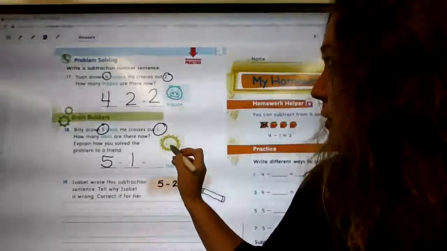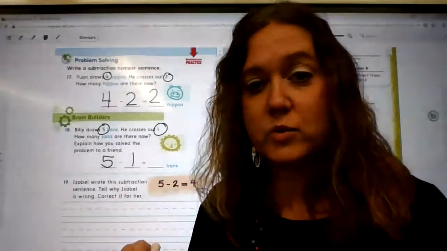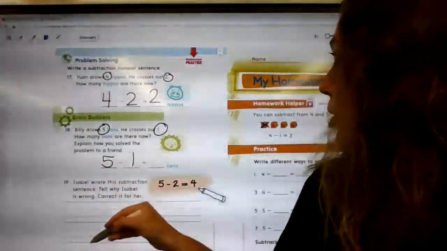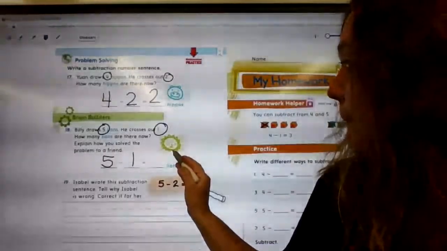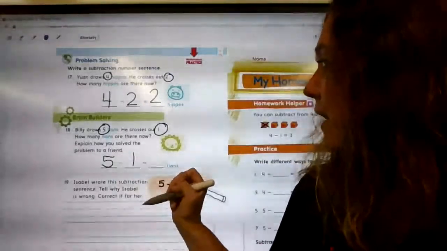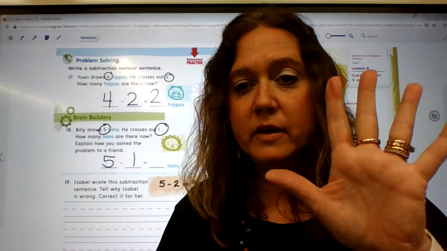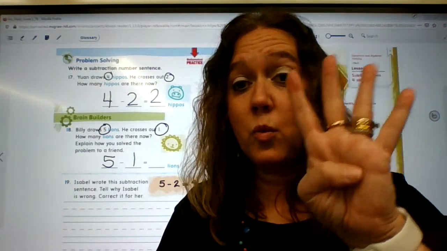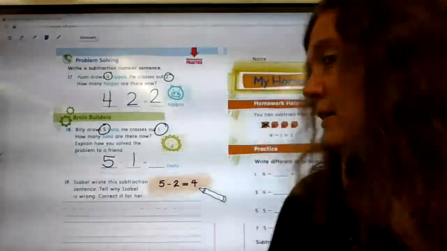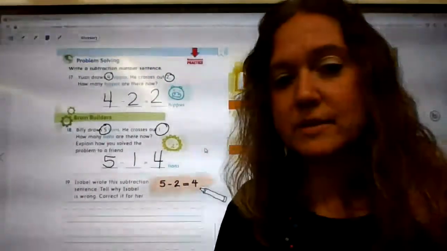If you wanted to, that would be really cute to draw on your paper. Almost looks like a sun, with a little face. 5 and crossed off 1. How many are left? 4. 4 lions.